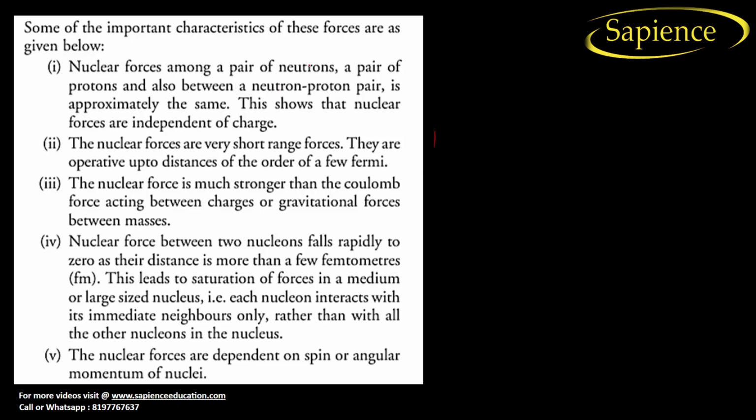Now, some important characteristics of these forces are given below. The nuclear force among a pair of neutrons, a pair of protons, or a neutron-proton pair is approximately the same, which shows that nuclear forces are independent of charge. It doesn't depend upon the charge. Next, nuclear forces are very short range forces. Whenever a neutron and proton come at a very small distance, only then will they create a force.